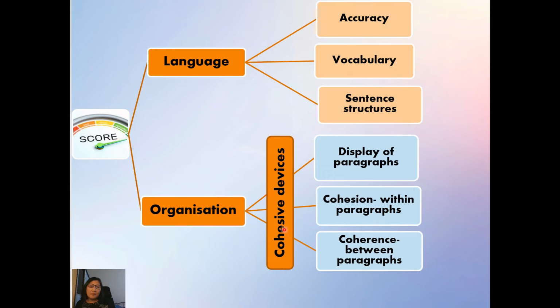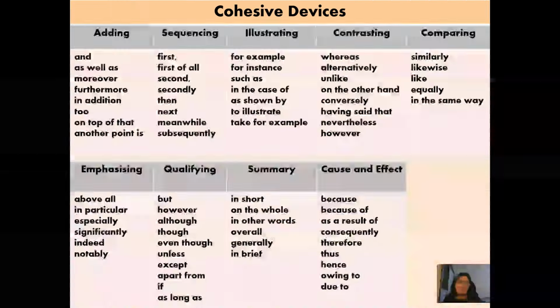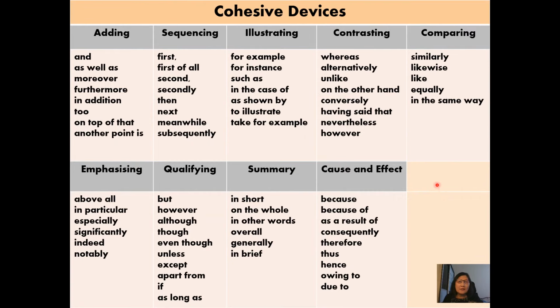So now we are going to look at what some cohesive devices are. Here is a list of cohesive devices which you can use in your writing. However, it is by no means exhaustive, so you can look up more on the internet. So I have given you a few categories here which are more frequently used in writing.